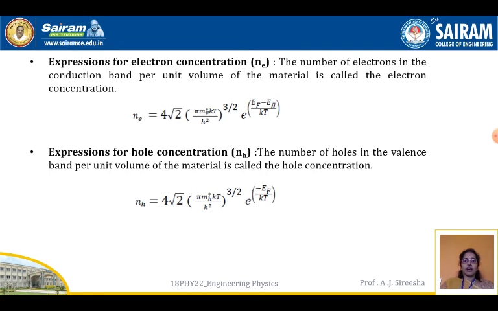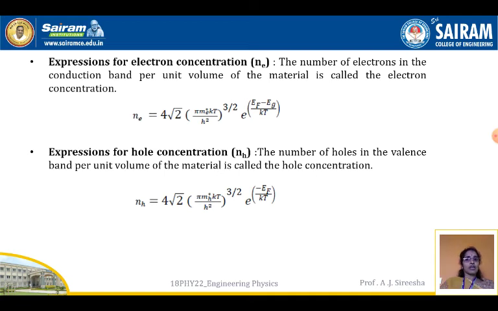Now what is the expression for the electron concentration Ne and the expression for the hole concentration NH? You have to remember very carefully that in a semiconductor, Ne is the number of electrons lying in the conduction band, and holes are lying in the valence band.